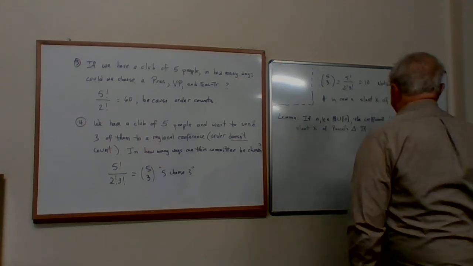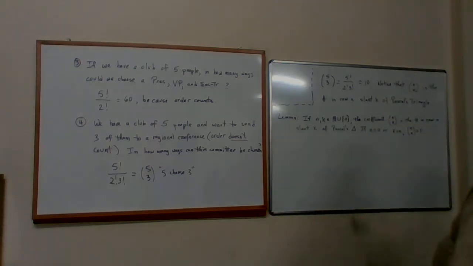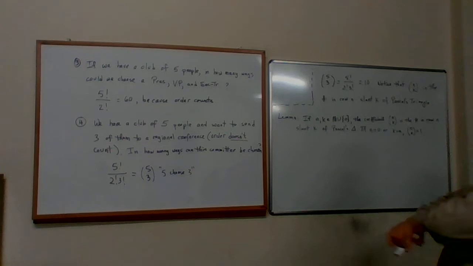I'll explain that. If n is equal to 0, then I'm not choosing anything.